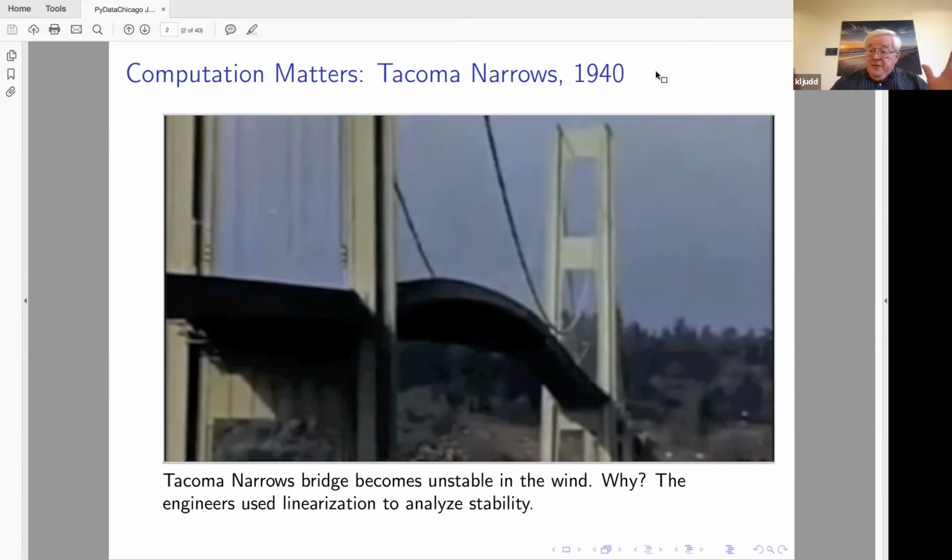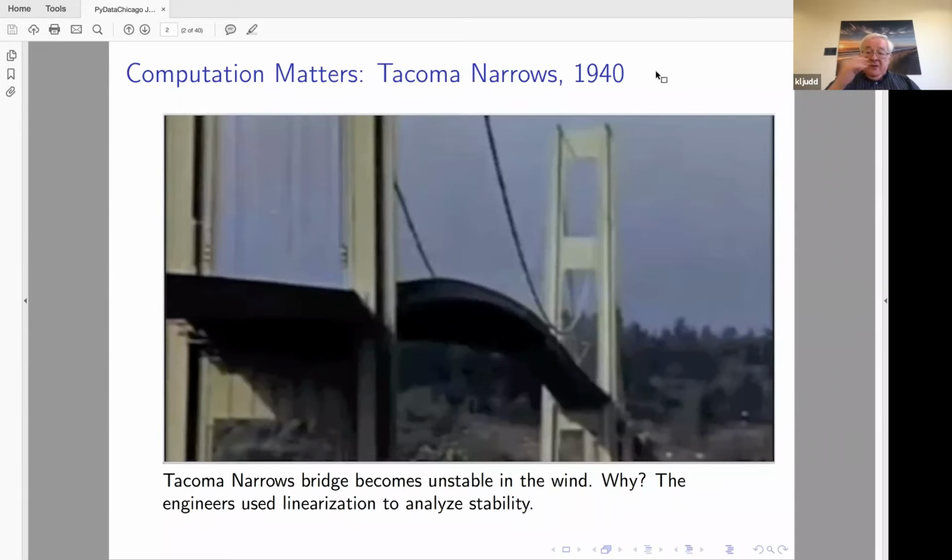This had worked for a long time. However, because of innovations in the construction and design of the bridge, it turned out that there were higher order nonlinear effects that were missed by the simple approach and led to this collapse.